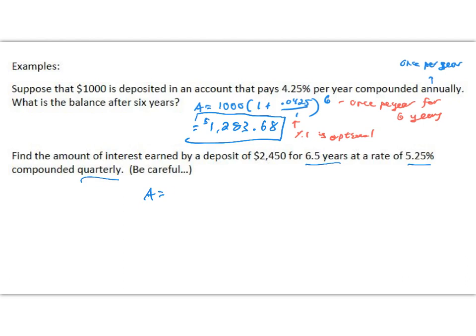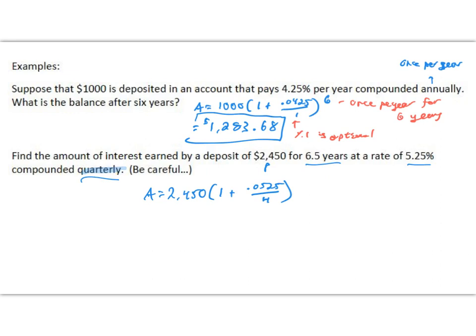Our account balance is $2,450, or that's the principal, actually. That's our P. And then my rate is going to be 0.0525, but I have to divide that by 4. And the reason why I have to divide that by 4 is because we are compounding quarterly. So that's something I've got to watch out for as I go along here.